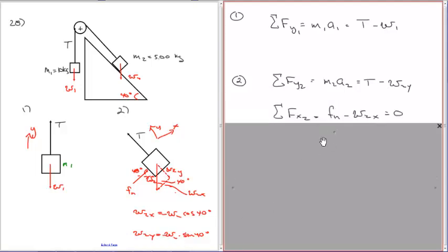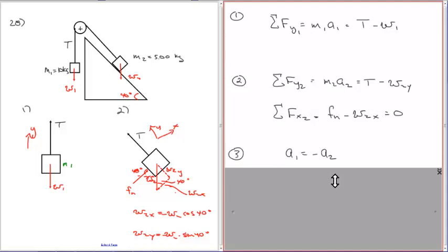And in the x direction, we have this force, which is pushing down, and this force, which is pushing up, and they balance each other out. Because there's no movement in the x direction, the sum of the forces has to equal 0. In this case, this equation doesn't lend any additional information. We're going to use this one, and we need one more equation.